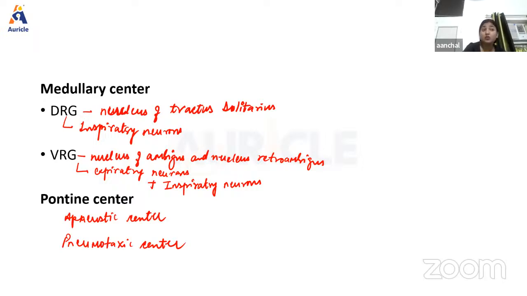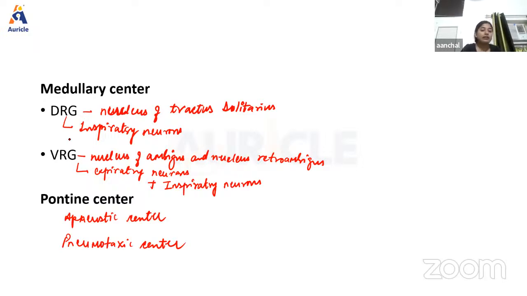Because as we know, expiration is always a passive process, but if forceful breathing is there, then only at that time it will become an active process. So the VRG gets activated only when expiration is an active process.